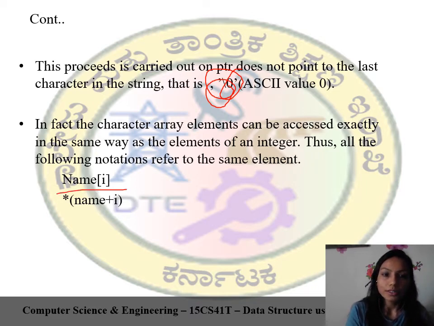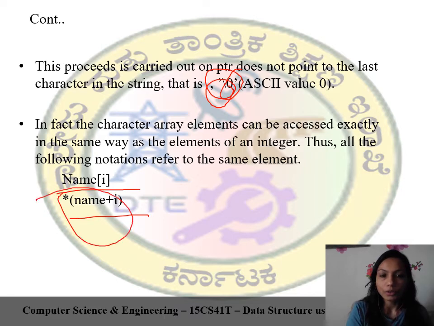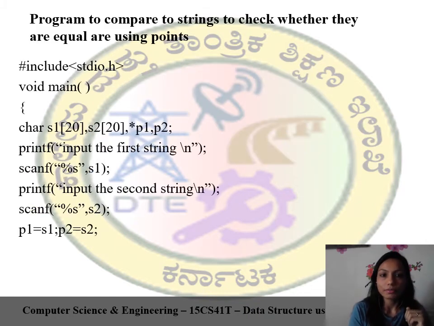So you can use the same notation you use for arrays, that is name of i, which will give you the ith character. If you want to use a pointer, then star of name plus i. Both will give you the same. Remember, by default the name of your array itself points to the base location.